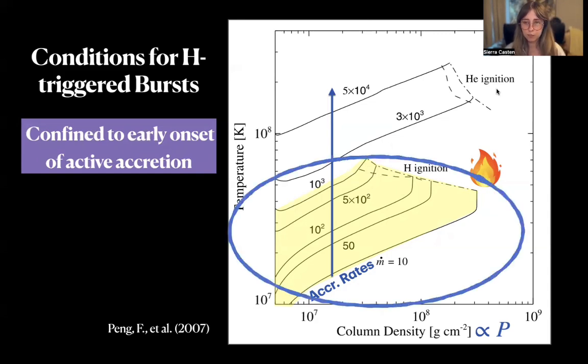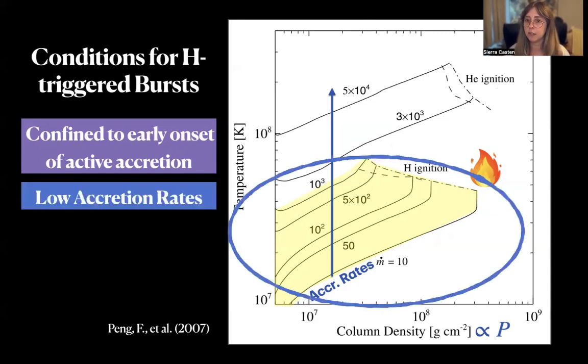So as we're focusing on the hydrogen ignition here, we see that relative to helium ignition, we require lower accretion rates for the temperature and the pressure to be such that hydrogen will ignite.